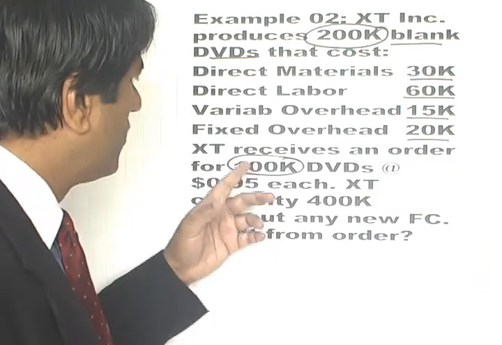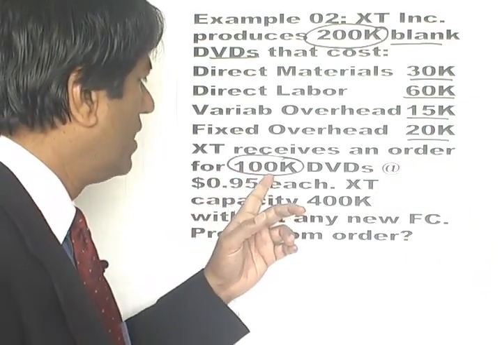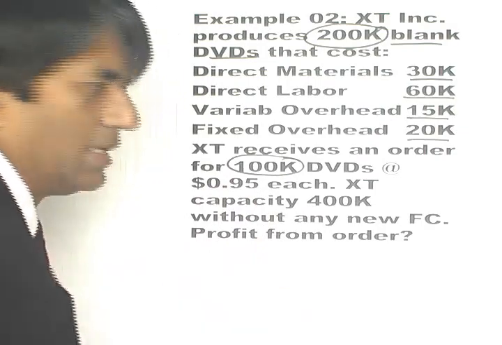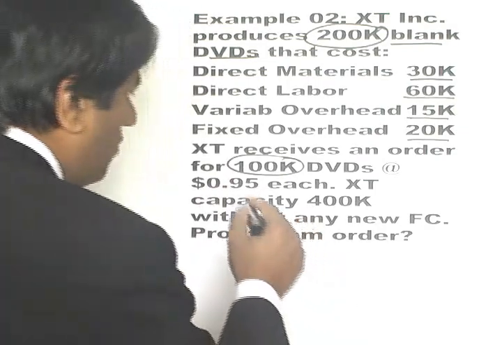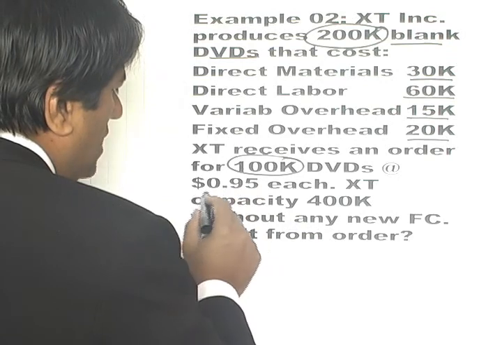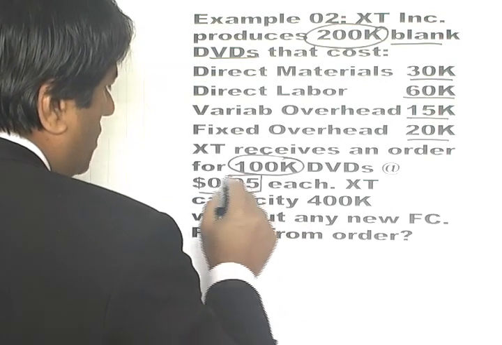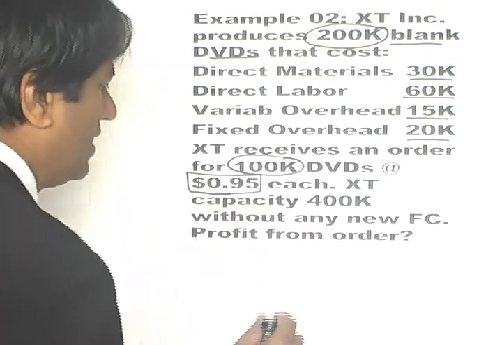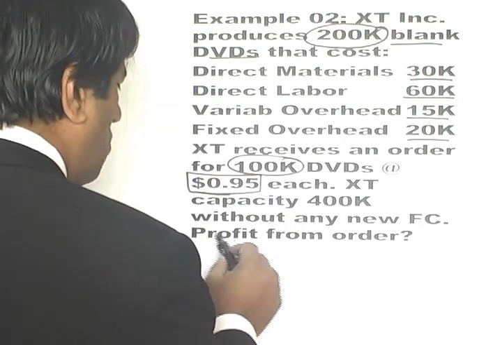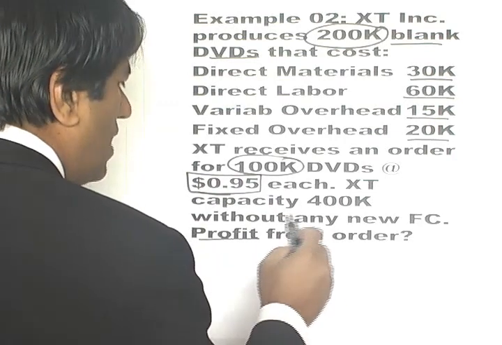When it receives this order for 100,000 DVDs, the price which it is given for each is 95 cents. And the question is, what is the profit from this new order?